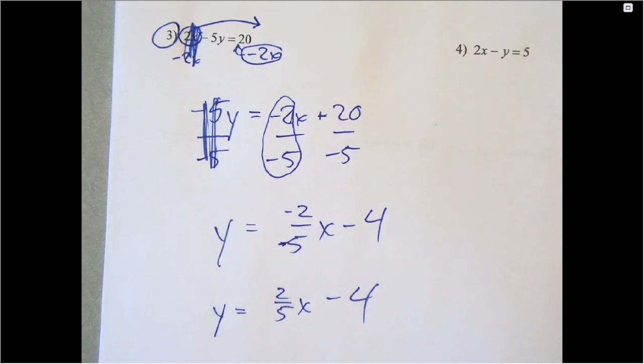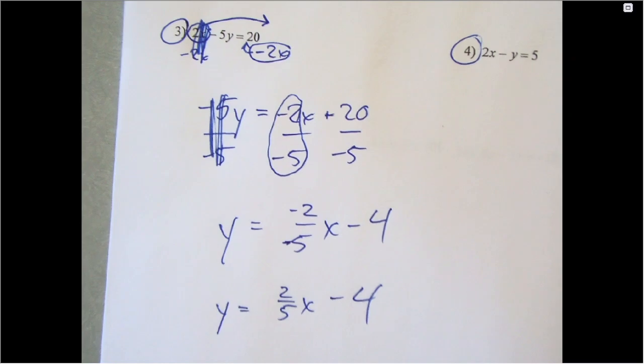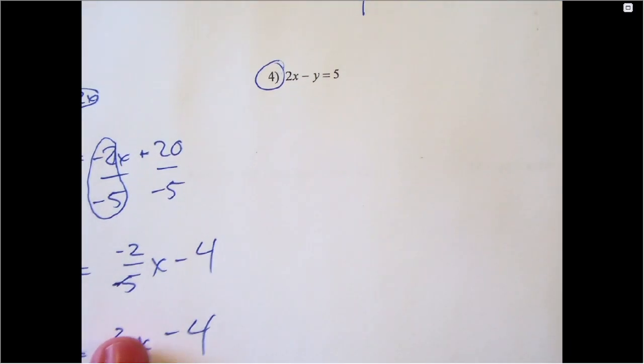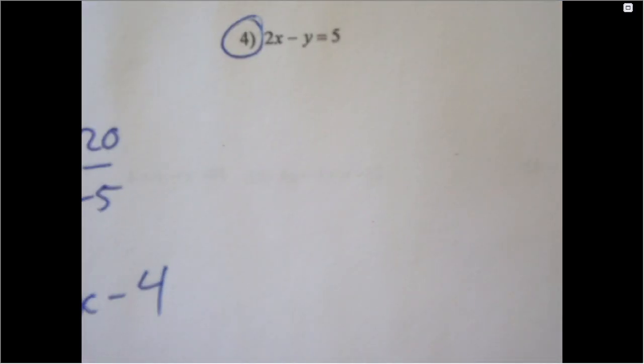Question on that one? Alright, you guys try 4. If you want to do it on your desk because you're not sure you're going to get it right, that's fine. If you get it wrong and fix it, that's fine too. Be careful of the sign in front of the y.